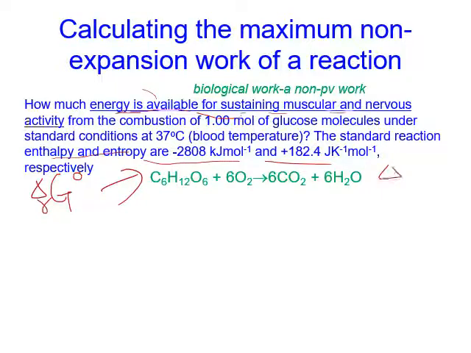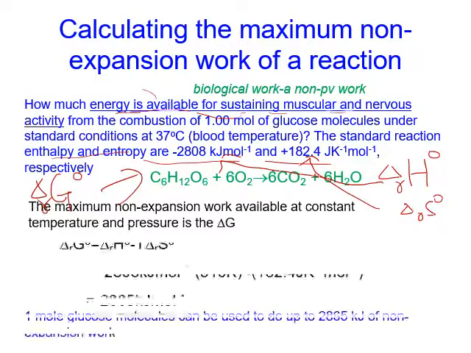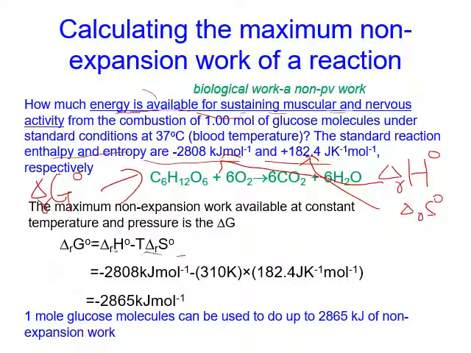So we have the standard enthalpy of reaction and the standard entropy of reaction, and therefore we are going to use the second method, which is delta H minus T delta S. Also pay attention: entropy is in joules, so multiply by 10 to the minus 3. This gives 2,865 kilojoules per mole. So that means one mole of glucose can be used to do up to 2,865 kilojoules of non-expansion work.